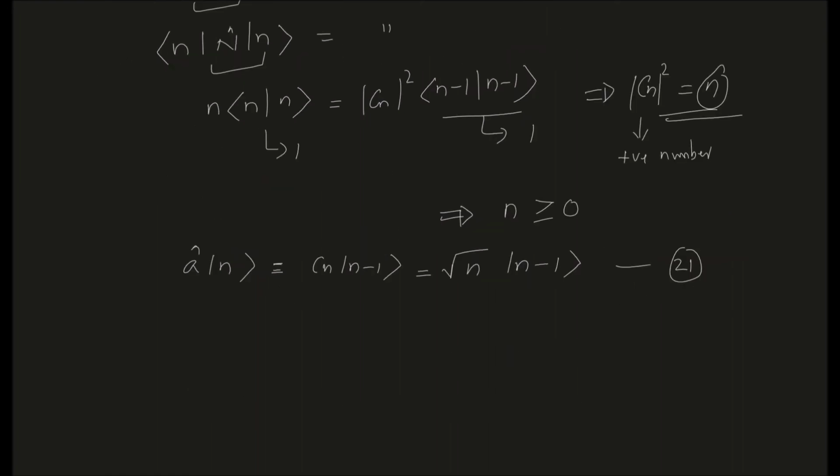This means that the repeated application of operator a on these states |n⟩ generates a sequence of eigenvectors |n−1⟩, |n−2⟩, |n−3⟩, etc., because each action of a will lower the eigenstate by 1 unit.